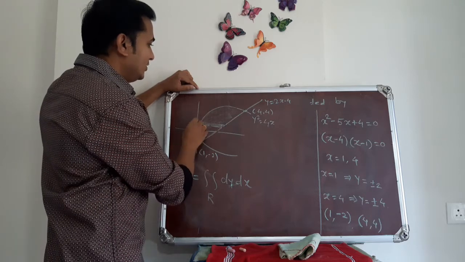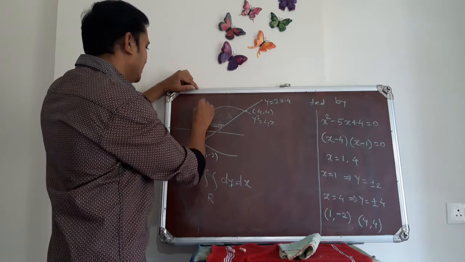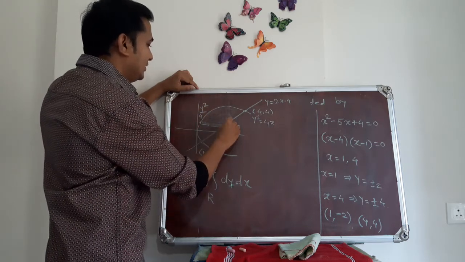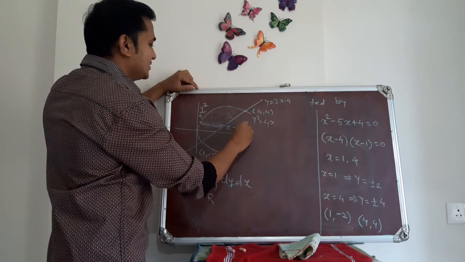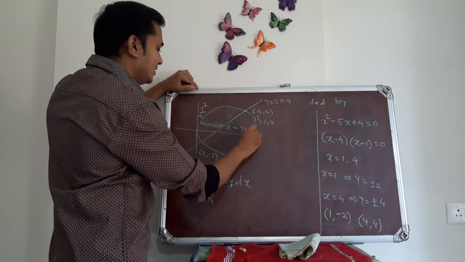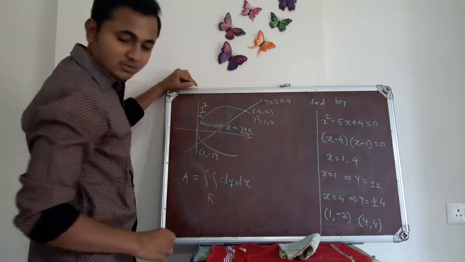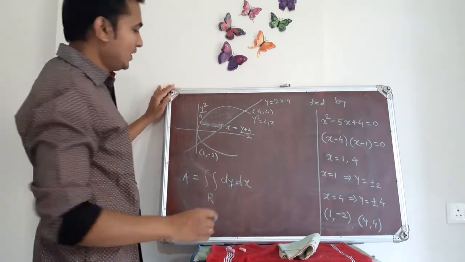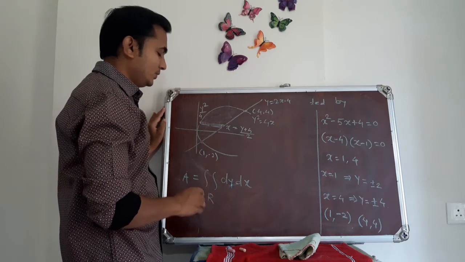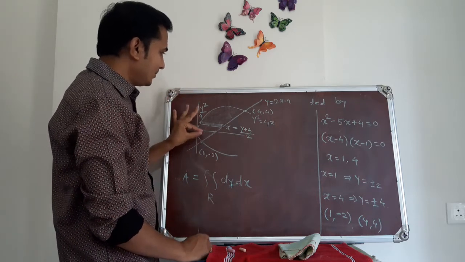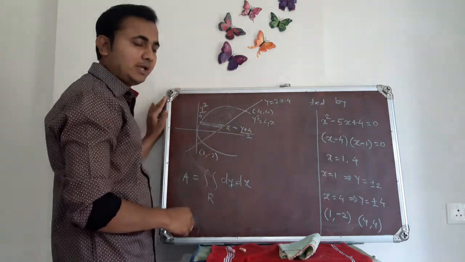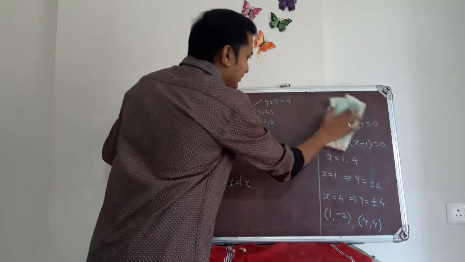So here the value of x is y square by 4, and here the value of x is y plus 4 upon 2, and you vary this strip from y is equal to minus 2 to y is equal to 4.